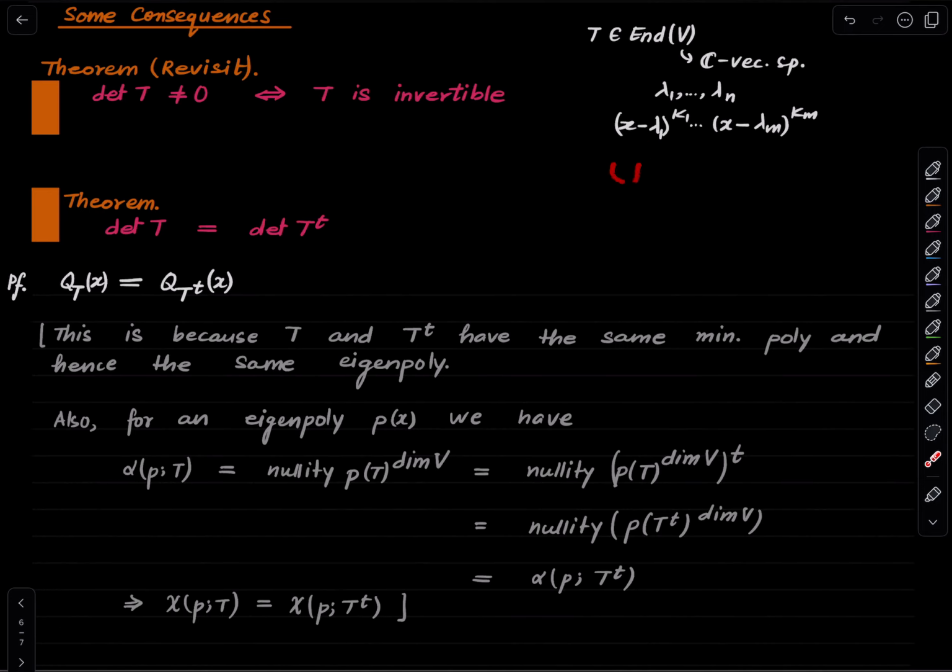So this is q of x. Then minus 1 to the power dimension of the vector space times q of 0, you can see, is equal to lambda 1 to the k1 dot dot dot lambda m to the km. That you can see because k1 plus dot dot dot km is the same as the dimension of V. Use that fact to just deduce that.